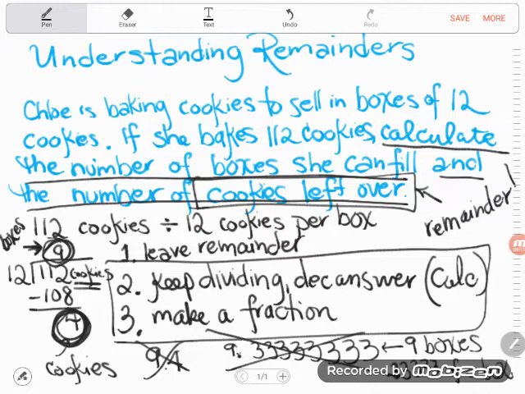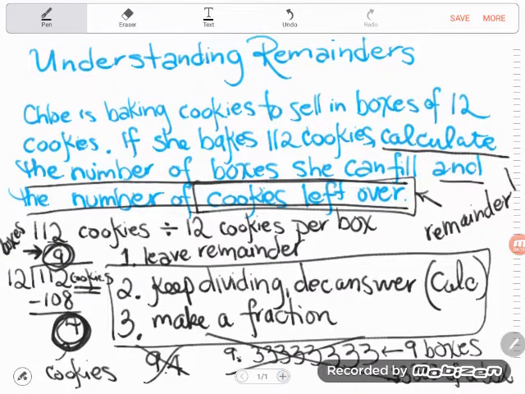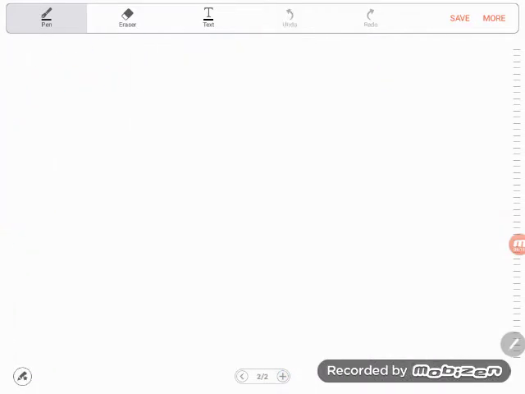But do realize that there are times when remainders come in handy. Let's look at one more example. Okay, let's see. A time when leftovers come up. I know. So let's see.